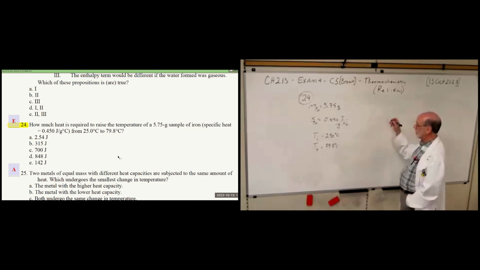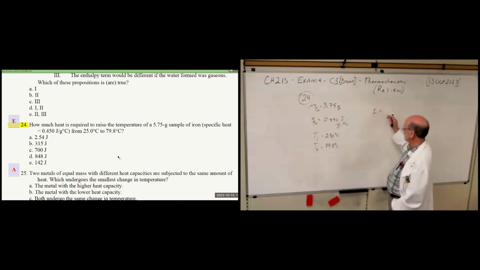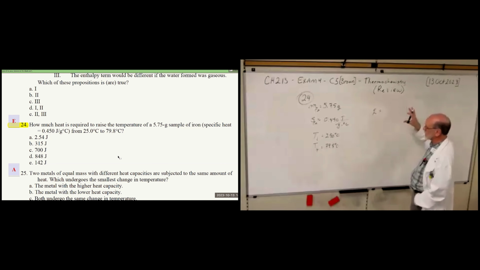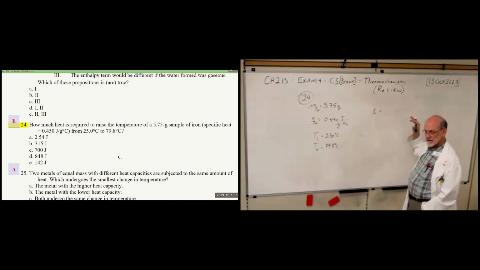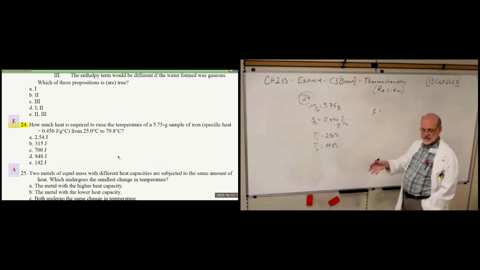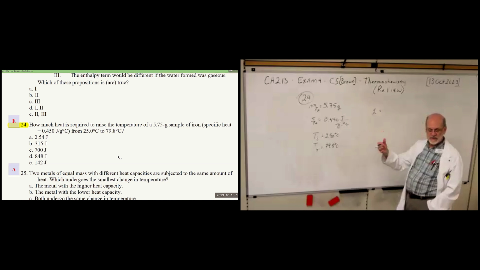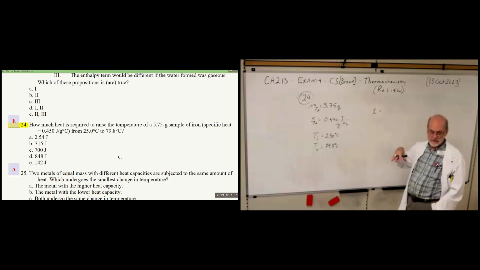Okay, so I go back to our formula that I gave you earlier. This is the formula for calculating the heat that's required to raise the temperature of something, or the heat that's given off by something when it lowers its temperature.